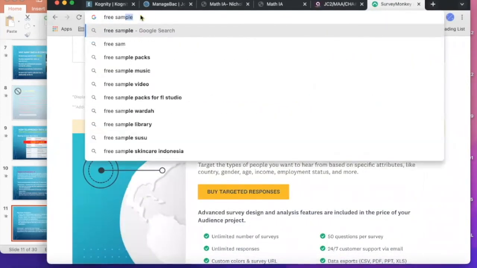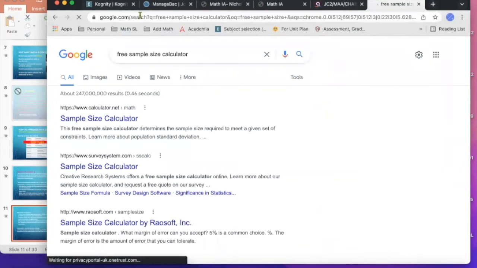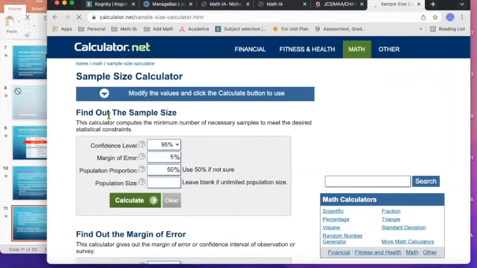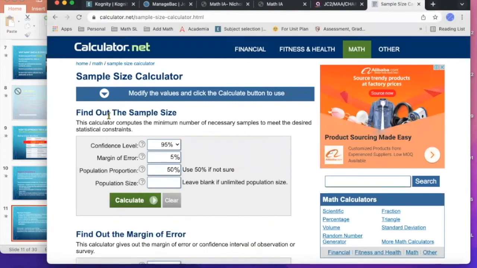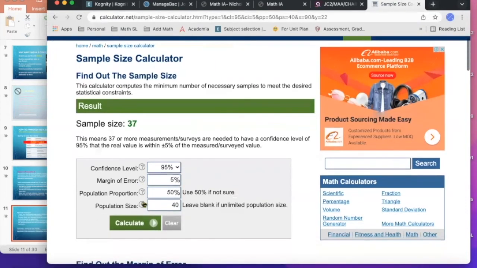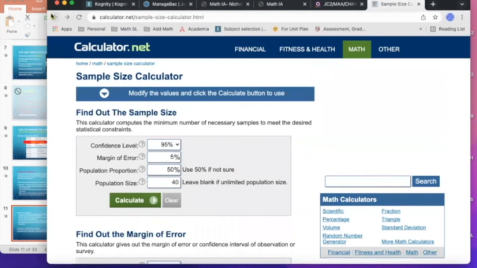Free sample size calculate. Okay, let's just say you want to be 95% confident with your amount of data. Margin of error, let's assign 5%. We just follow the format. Population proportion, 50% if unsure. Okay, population size, you say 40, yeah? Okay, that's the number of JC. Oh, sample size is supposed to be 37%. Oh, that's high.